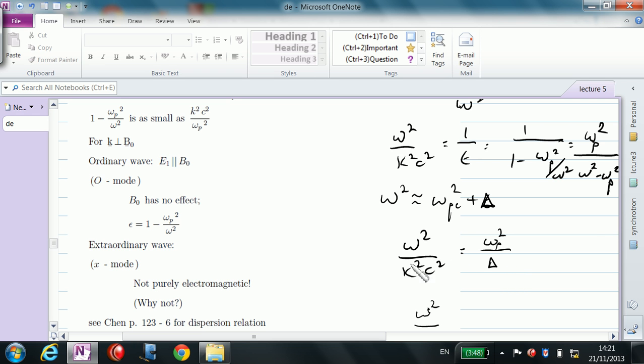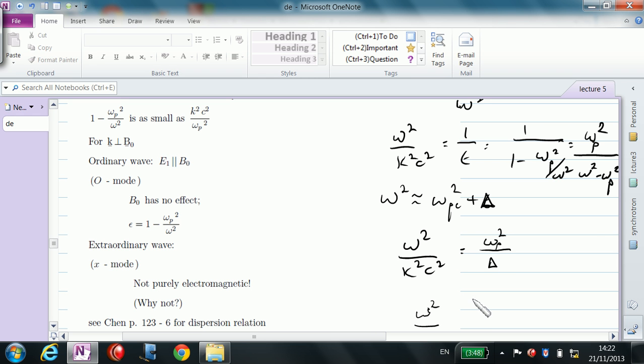That means that this has to be a number that's much bigger. You can get a solution if this is much bigger than 1.